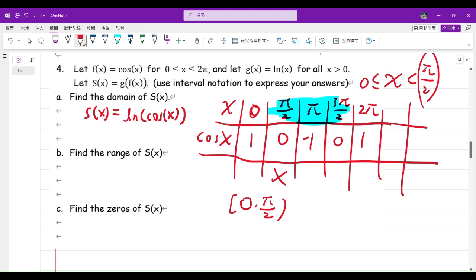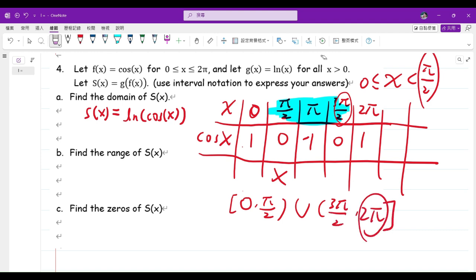But after that value, any positive number is okay. So union, not including 3 pi over 2, to 2 pi, that we can accept. 2 pi is okay. At 2 pi, cosine is 1, ln 1 equals 0. That's okay. And so this is the domain. This is the answer for A.